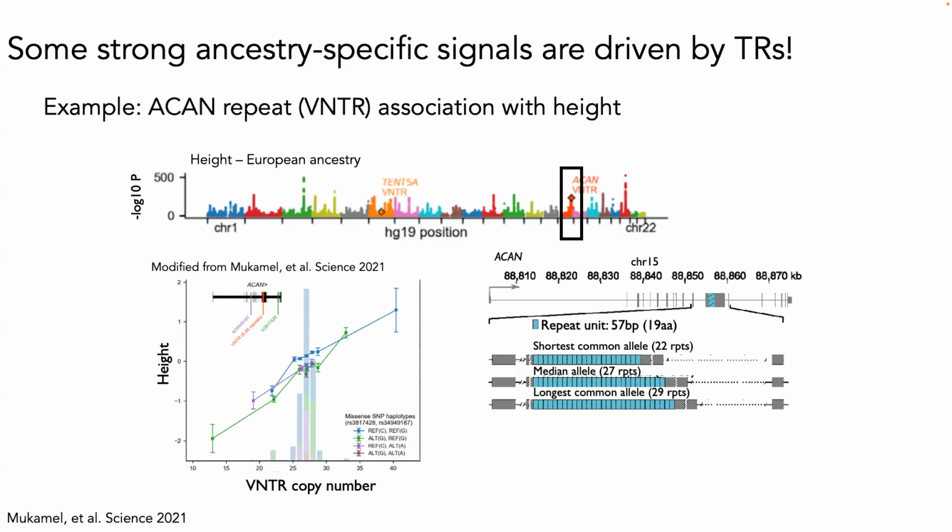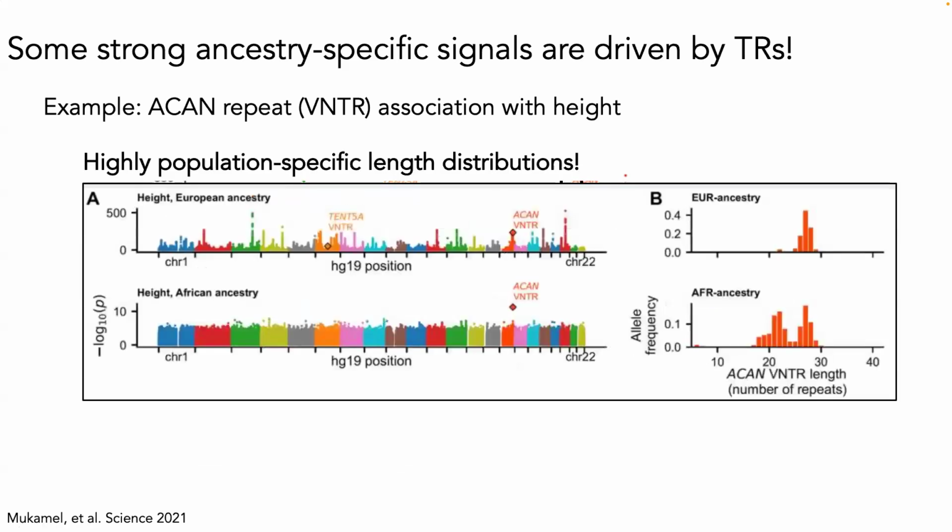A second part of this locus that I think is really fascinating is that if you look across different populations, this was a pretty good GWAS signal for Europeans, but it's the strongest GWAS signal for height in individuals of African ancestry. Here's ACAN over here. Why is that? If you look at the distribution of the copy numbers, it's a pretty narrow distribution in Europeans.